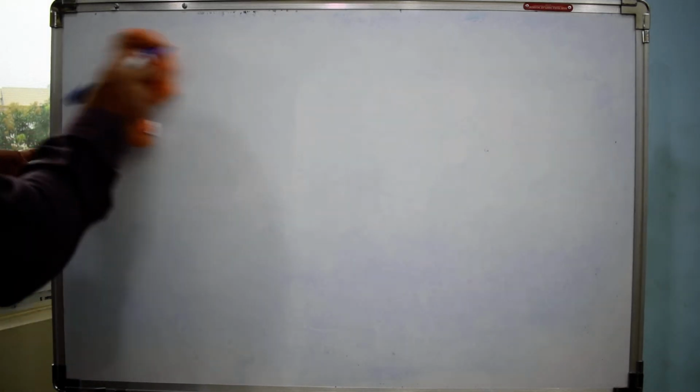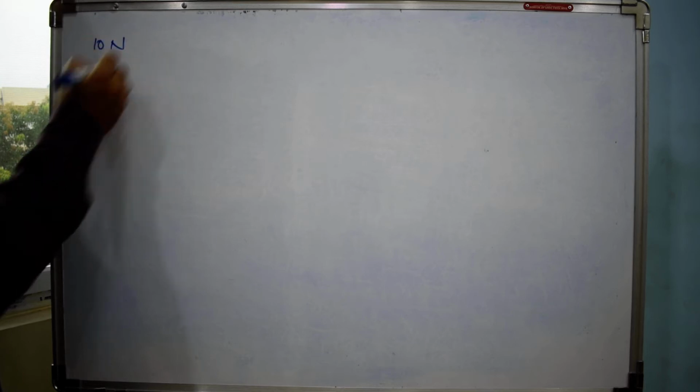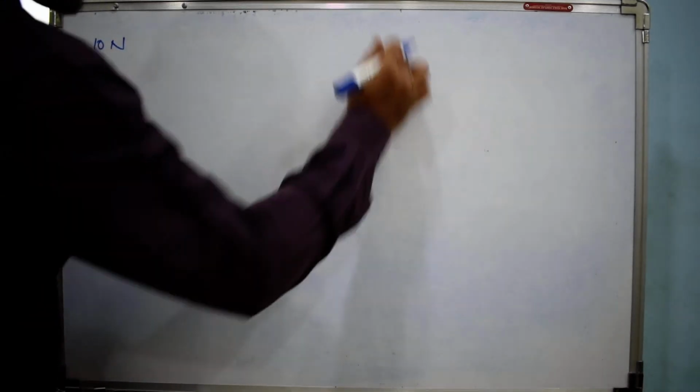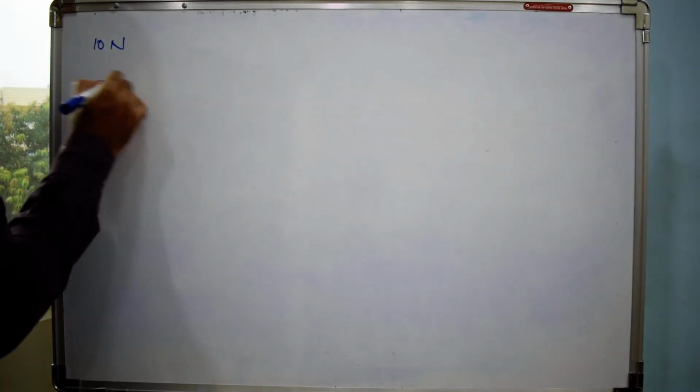Okay, now before going further, let's give a basic way of representing a vector. Whenever we have a vector quantity, let's take force for instance. Force is a vector quantity. Whenever you apply a force, let's say you are applying a force of 10 newtons, and in which direction? Let's say in this direction, to the right.